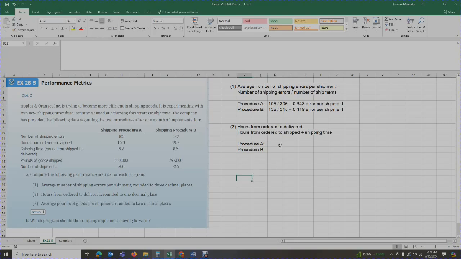There we go. For procedure A, it took 16.3 hours from the time it was ordered to the time it was shipped, plus 8.7 hours from the time it was shipped to it was delivered.